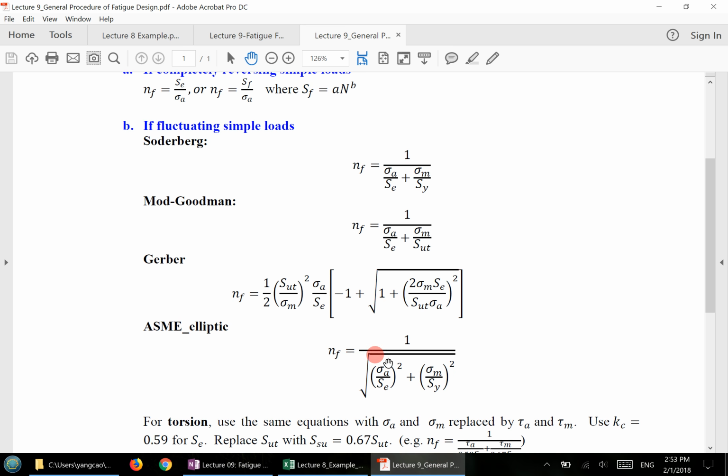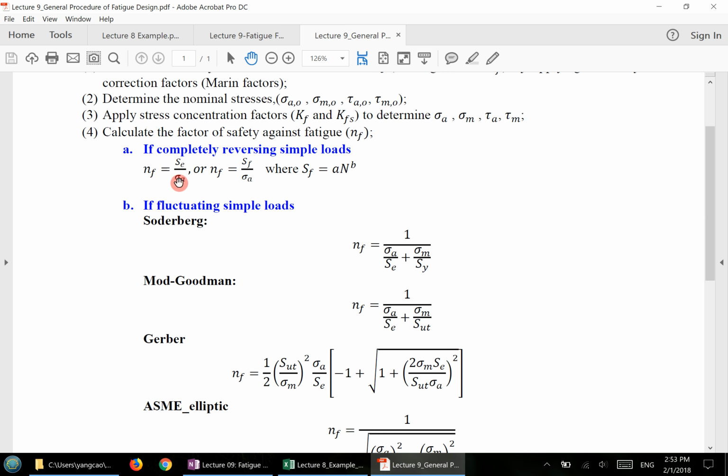This will be the same thing. So sigma M equal to 0 corresponds to the completely reversed loading, which is this formula here. So basically what I'm saying is the fluctuating fatigue criteria is a general formula that includes the completely reversed loading formula.